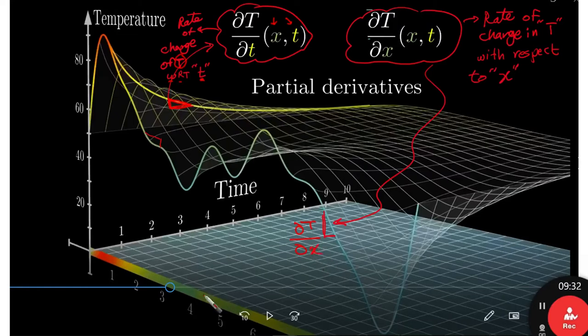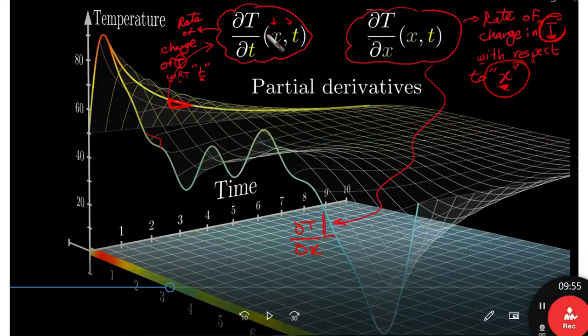Remember, we are talking about an x direction. So this is the slope here. We also call it the rate of change in the temperature with respect to x, the independent variable x, the distance along the bar.